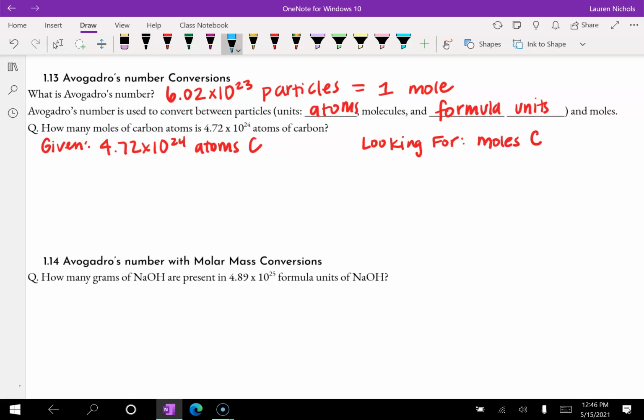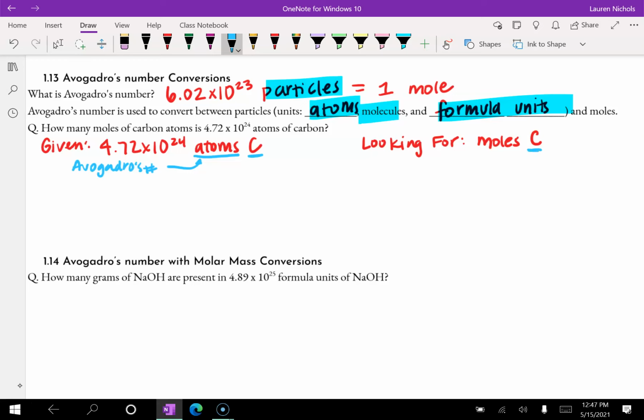And so one thing we see is by seeing this word atoms, it's one of these 4 words up here: particles, atoms, molecules, formula units. So that tells us that we need to use Avogadro's number in our T-chart. And then we look at our chemicals. The chemicals are the same, so there's no need to use a mole ratio.